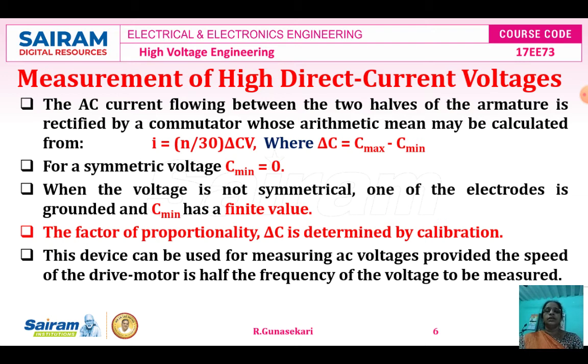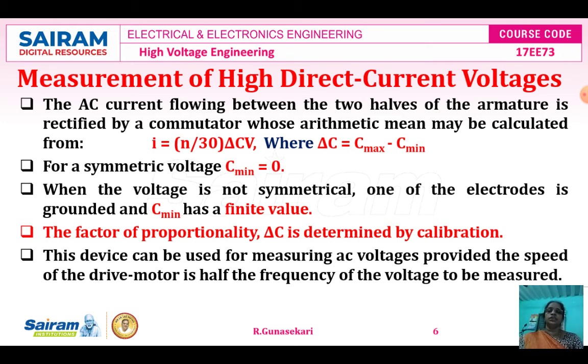For a symmetrical voltage, the C minimum is equal to 0. When the voltage is unsymmetrical, one of the electrodes is grounded. Therefore, the C minimum has a finite value. That means for a symmetrical voltage, C minimum is equal to 0.